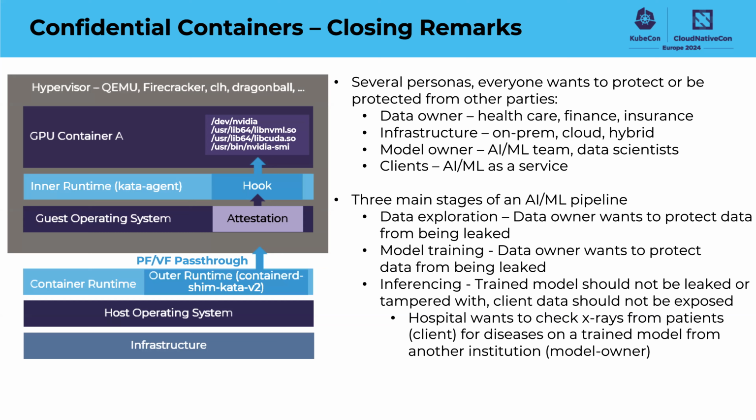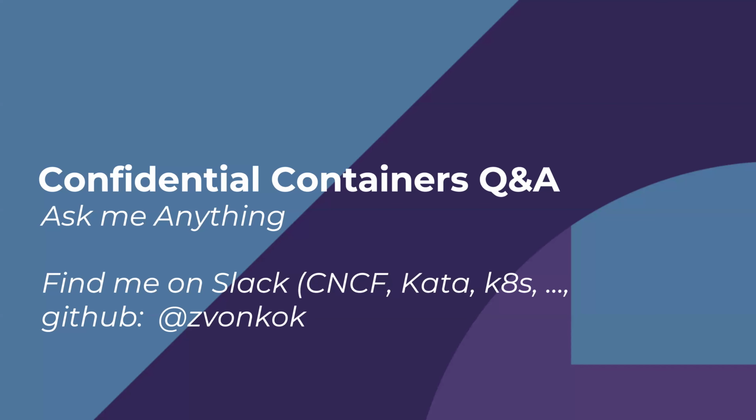How are we protecting each of those that want to run in the very same confidential environments? And at every stage of the AI pipeline, we have someone who wants to protect the data, be it exploration, training, or inferencing. Yeah, that's all for me.